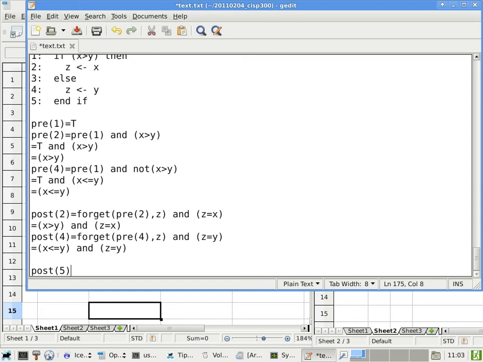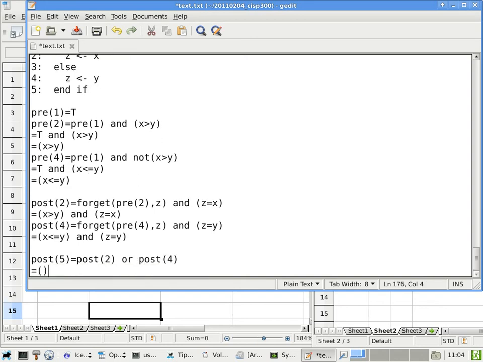So the only thing you can say is that at least one of post-2 and post-4 has to be true, because I can either come from line 2 or from line 4, but I cannot be sure which. So post-5 equals post-2 or post-4. We'll finish this up in 55 seconds.